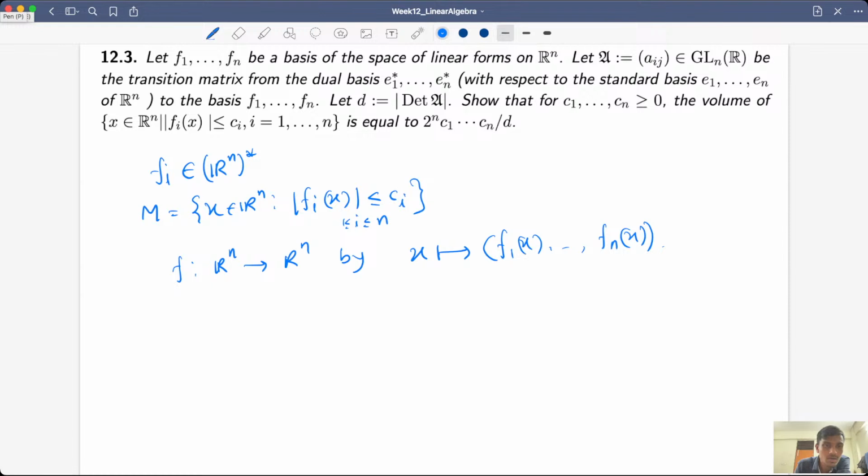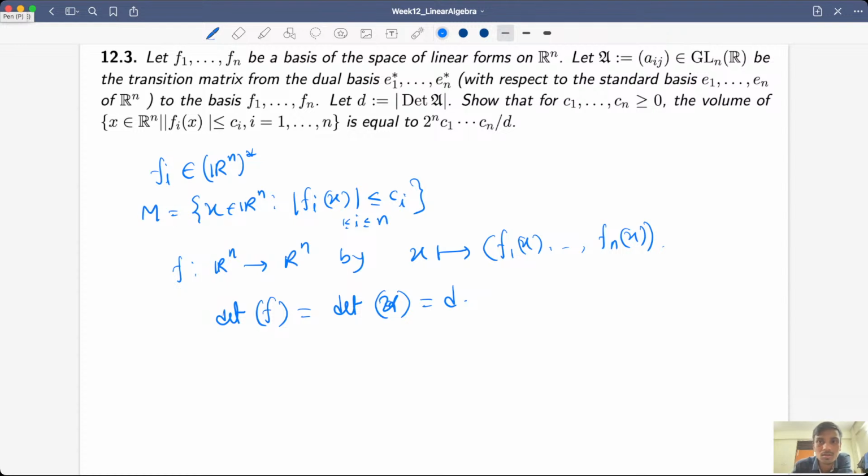And the determinant of f, actually one can check that the determinant of f is the determinant of this matrix, and this is to be D. This is invertible, as D is given to be non-zero.